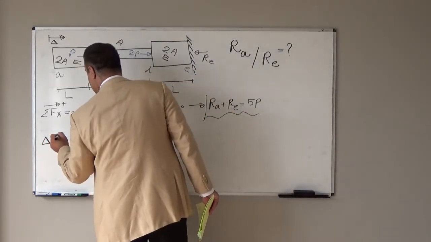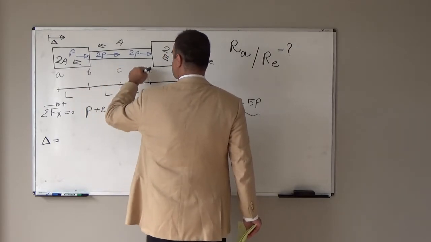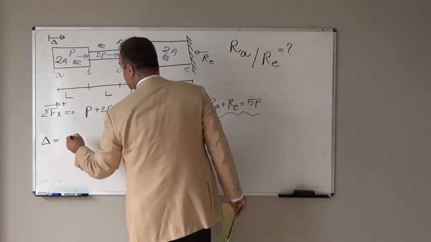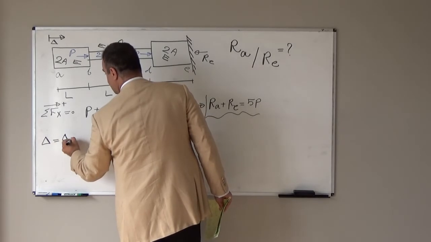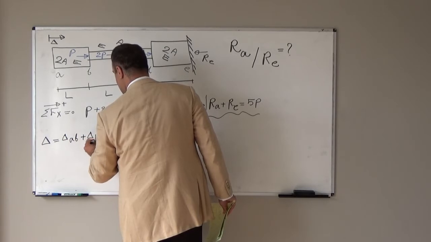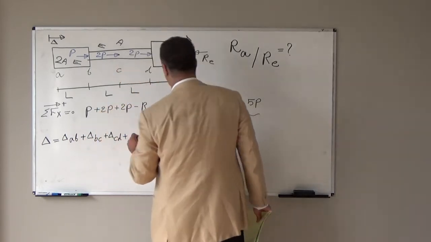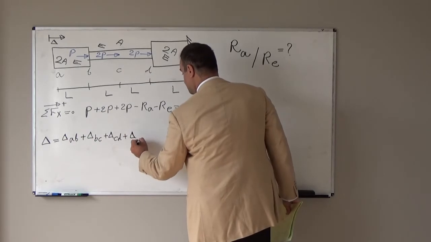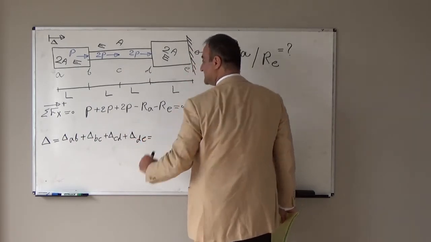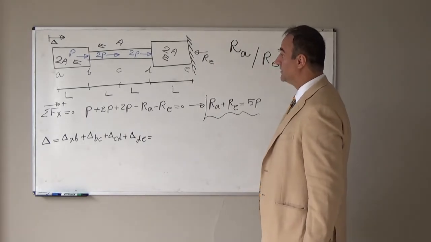That delta is the summation of deformation for AB part, BC part, CD part, DE part. So it is deformation AB plus deformation BC plus deformation CD plus deformation DE. Let's see what the magnitude of this deformation is.